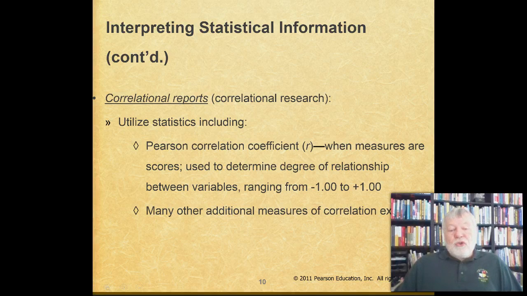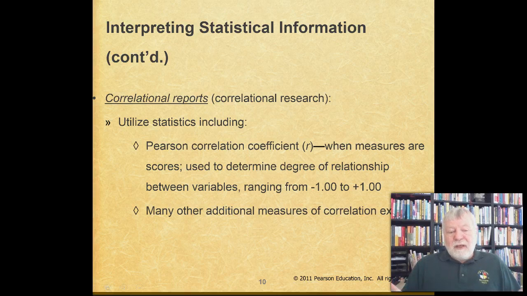So we can also use correlational reports. A couple of the examples that I gave in my discussion of the previous chapter was, is there a relationship between the number of adverse childhood experiences and students' ability to self-regulate at school? So really what we are looking at is a relationship.